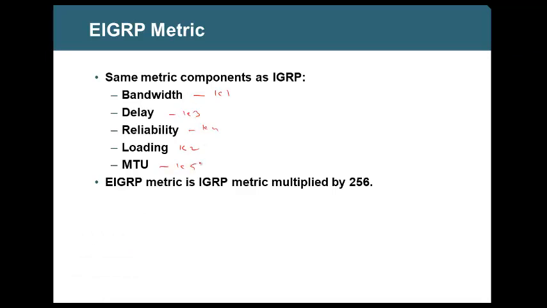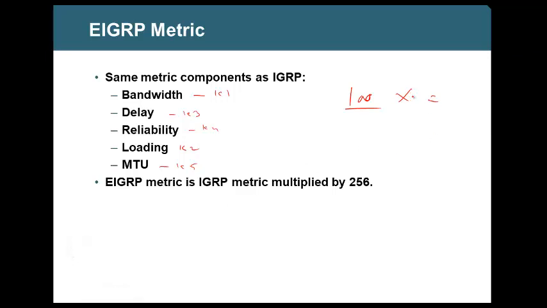See, K1 and K3 are considered. K1 and K3 are 1 and the rest are 0. If you want to consider bandwidth, if bandwidth is 100 and I multiply by 0, what will happen? 0, which means no bandwidth. Instead of multiplying by 0, if you multiply by 1, then it means you are considering it.